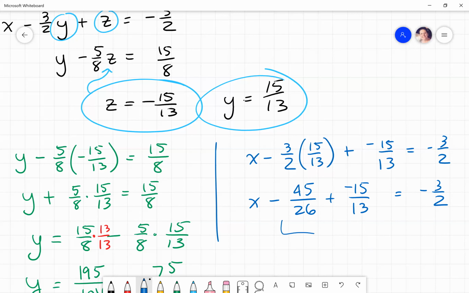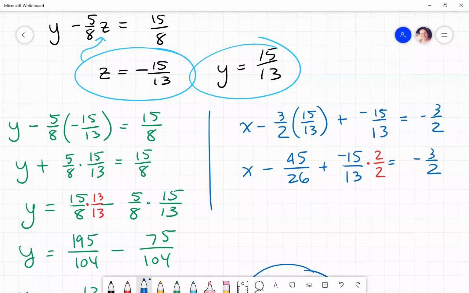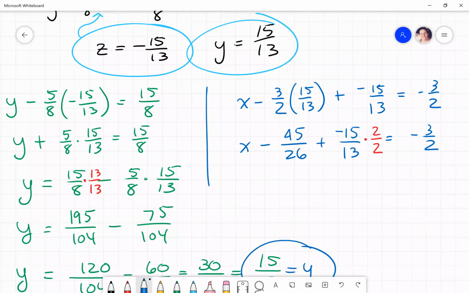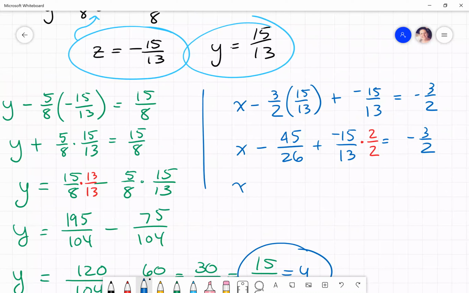And so I can do that easily by multiplying this fraction by 2 over 2, because that gives me the 26 on the bottom, which is what I need to add two fractions together. Oh, I'm going to run into myself here. So x minus 45 over 26 plus negative 30 over 26.